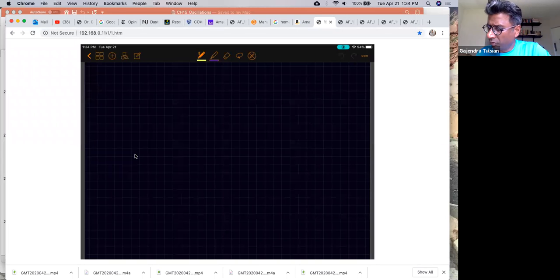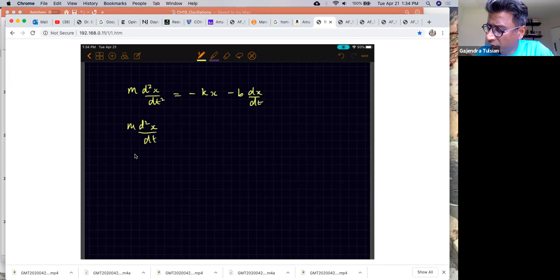All right, so what we saw was m d square x by dt square equal to minus kx minus b times dx by dt. So m d square x by dt square plus b dx by dt plus kx is equal to 0.